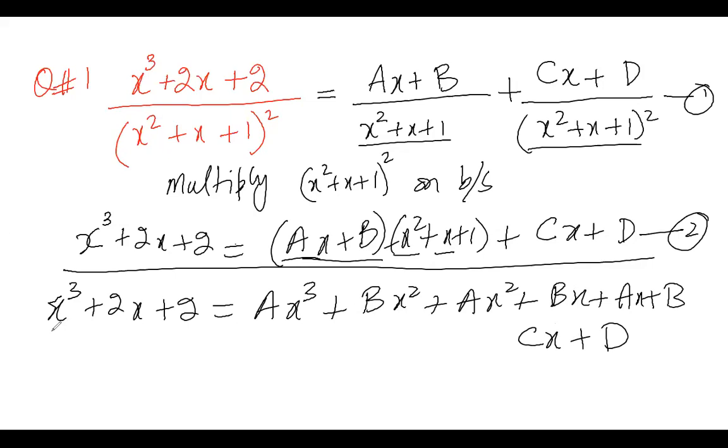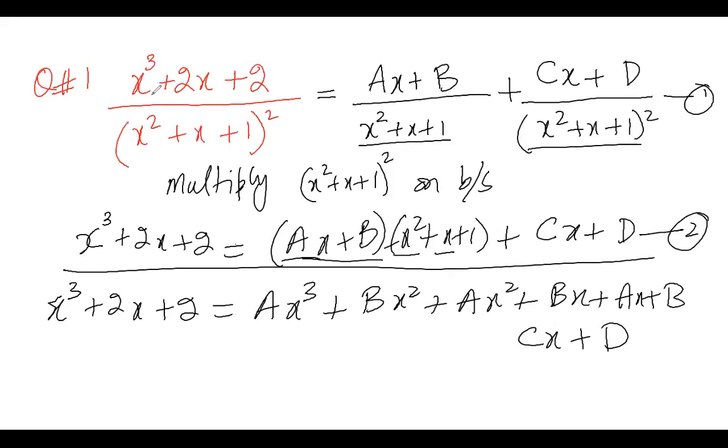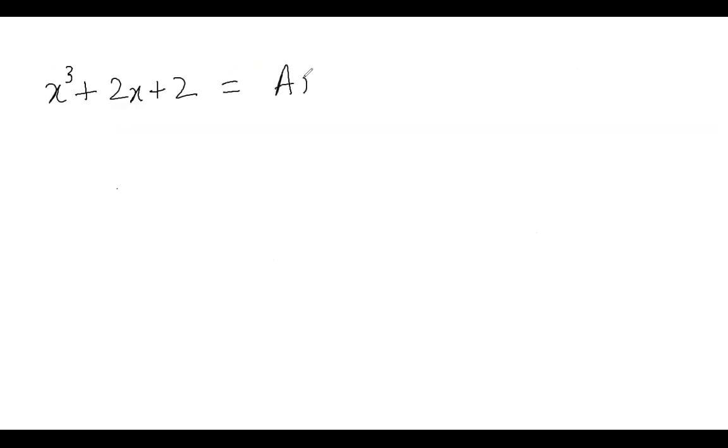Now we are going to arrange these things. x cube plus 2x plus 2. The terms which are cubical, this is only one term, is equal to ax cube.